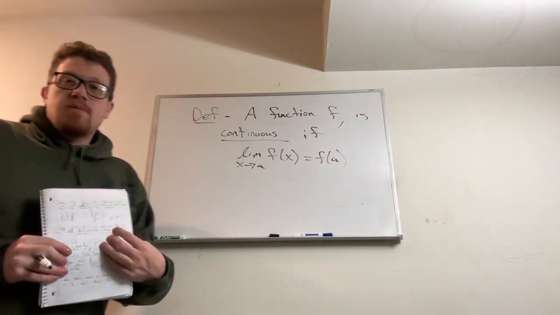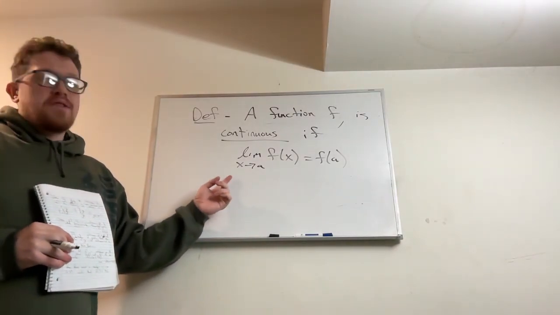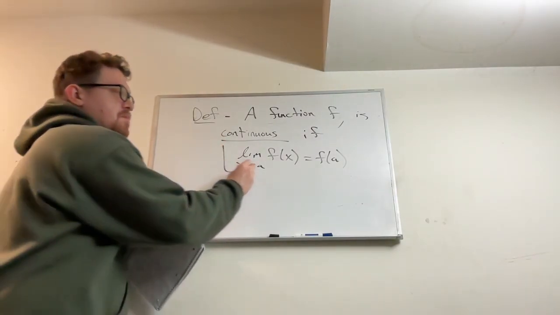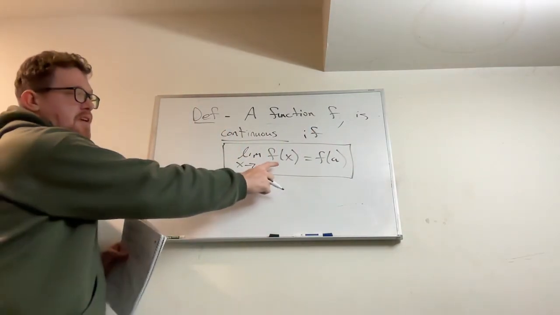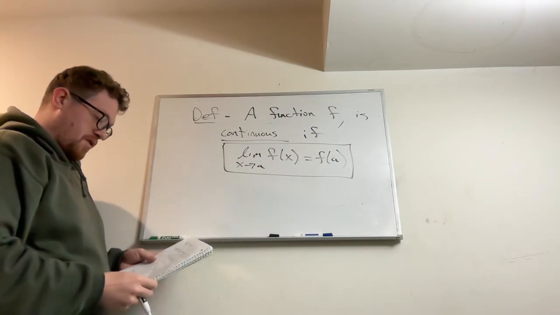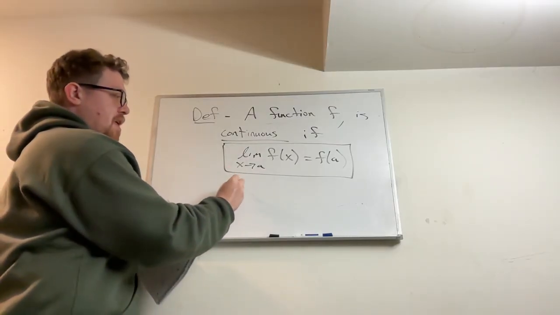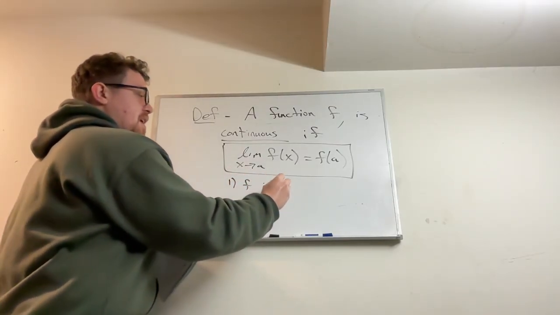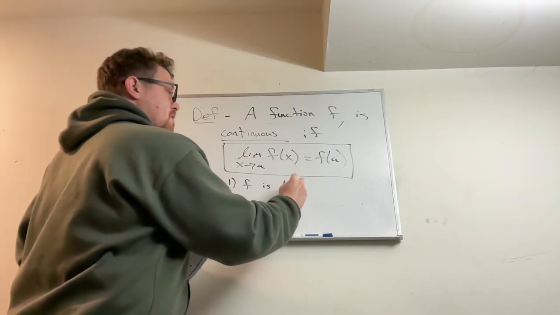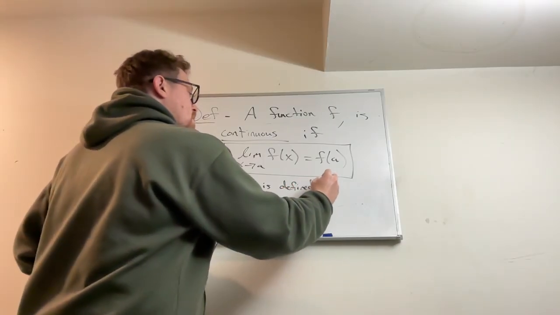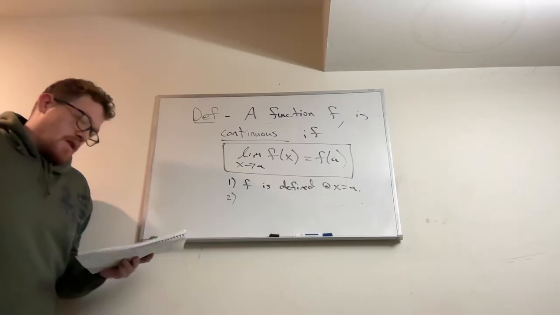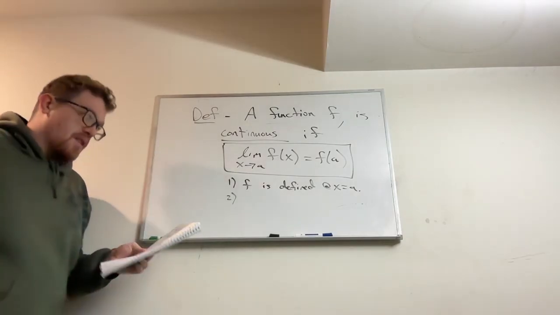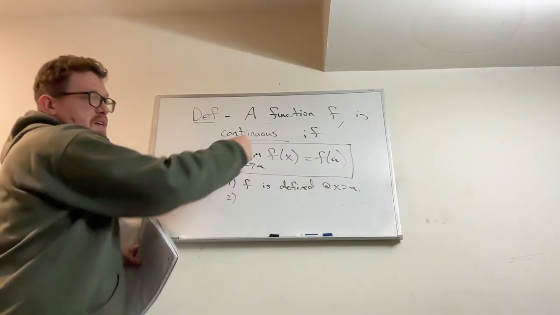And what I mean by explicit is here we're really saying three things, and this is kind of glossed over a lot, so it's important to point this out when you're learning this for the first time. This statement here is really saying multiple things. So one, it's saying that f is defined at a, x equals a. Not only is it defined, but the limit exists.